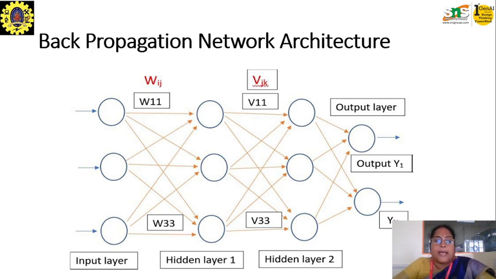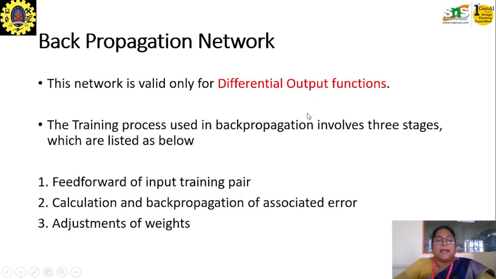If a particular node is active, that node will transmit the data, meaning it transmits input into weight plus bias value to the next layer. Whether the node is functioning or not is checked by the activation function. Each and every node is doing some calculation, and for the next hidden layer the activation function will be used here as well, to check whether the node is active and transmitting the data or not.